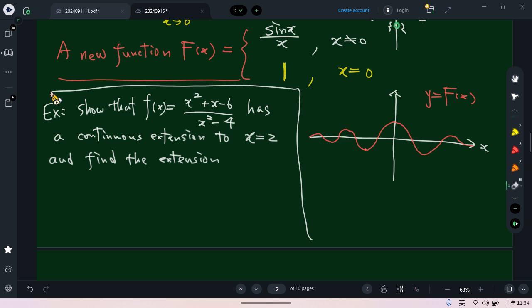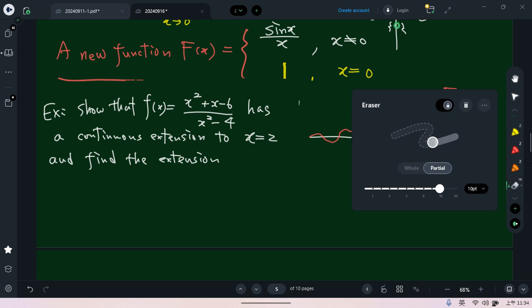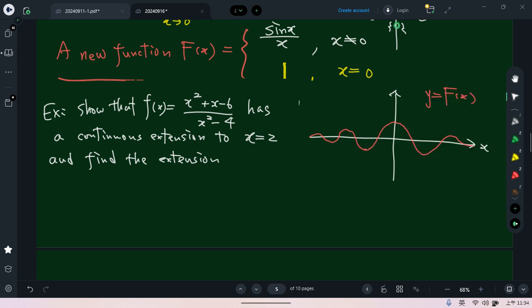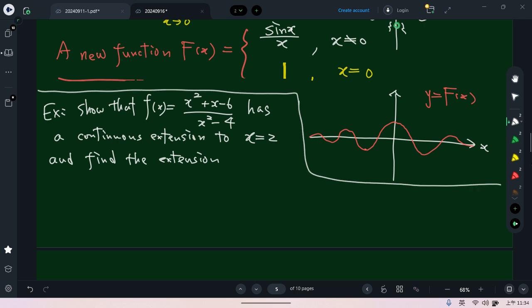Maybe we can still save some space. I'll just use this space.